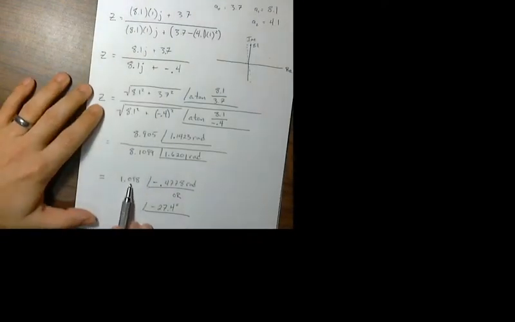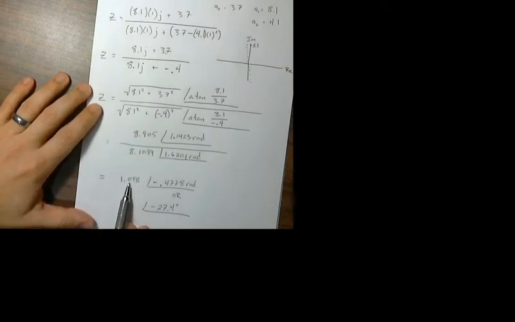Or it's about 30 degrees. It's a little less than 30 degrees. So we have a slight amplification, just 10%. A 10% amplification, not a whole lot, and we're lagging by about 30 degrees.